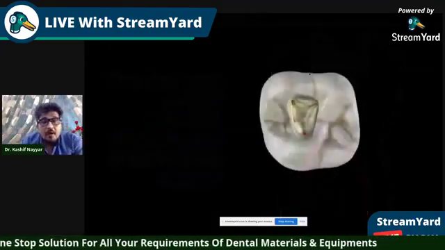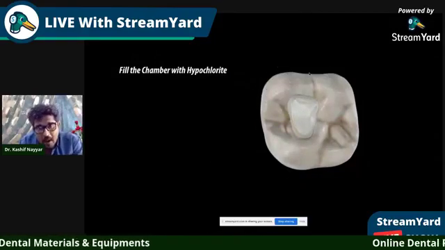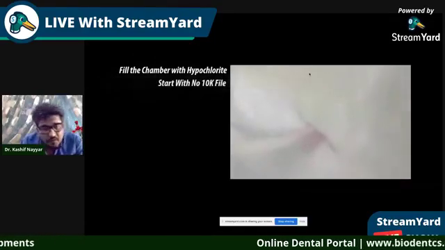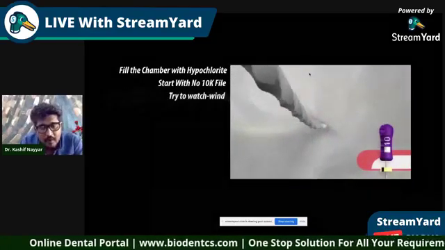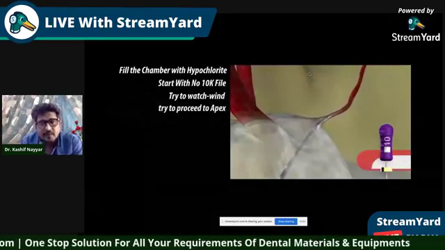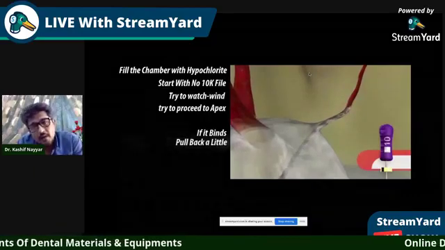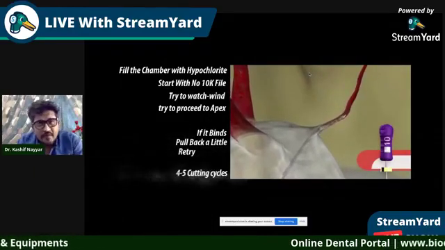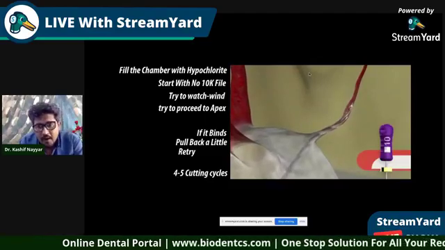So after access opening, fill the chamber with sodium hypochlorite. Our aim is not to do the pulpectomy, but just to explore the system. Our objective is: is there any resistance when we are inserting the file inside the canal? If you feel any resistance, you just pull back and try again.